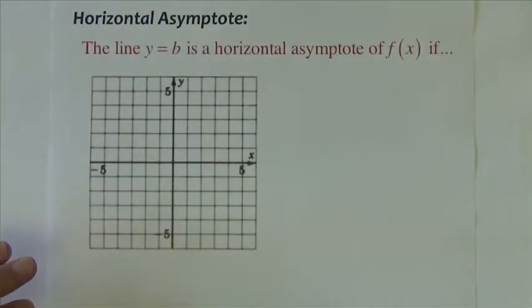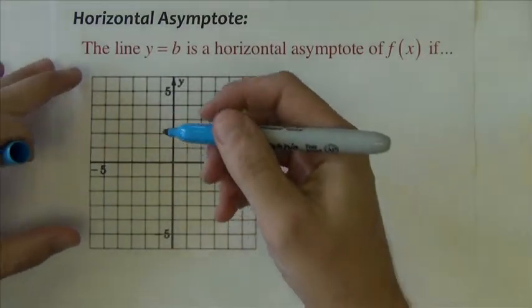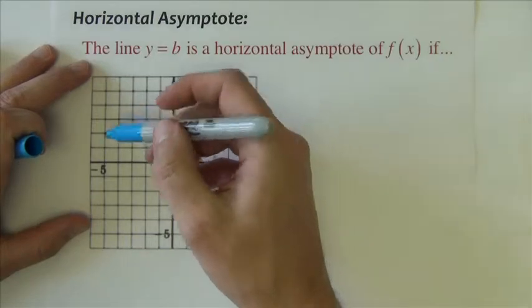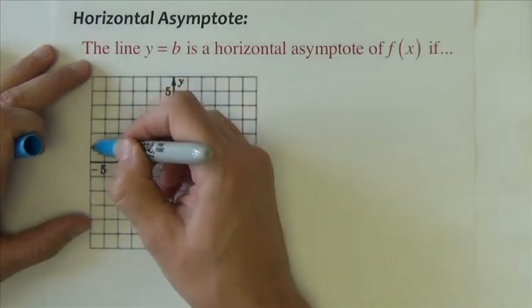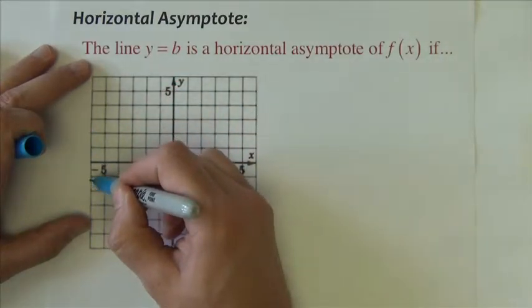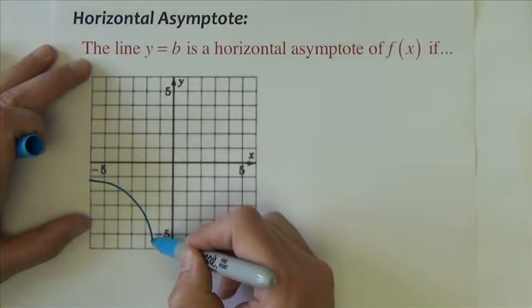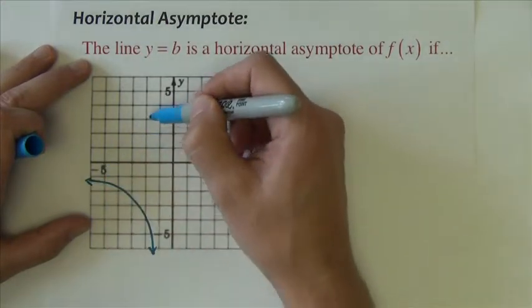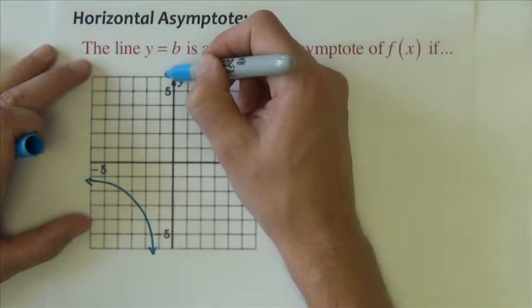First we'll look at the definition of a horizontal asymptote, and let me begin by just drawing a graph on here. Just going to randomly draw one, something that you might see.